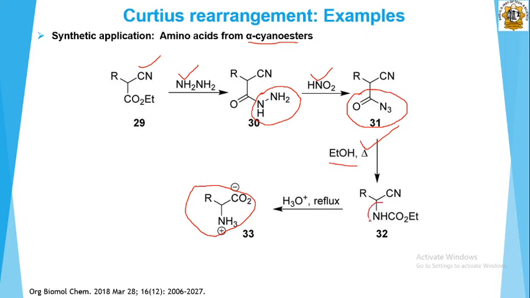So you'll get ethyl carbamate here, and ethyl carbamate can be hydrolyzed to get amines. So this is another example, and very important to notice here is that the stereochemistry will be retained. So that's why it is very useful in peptide synthesis.